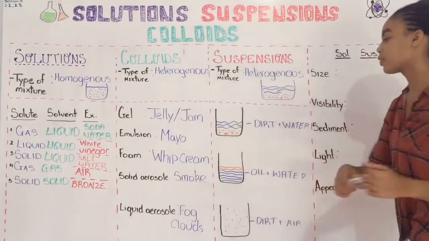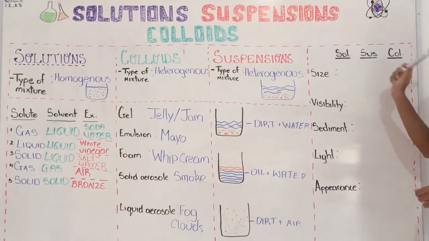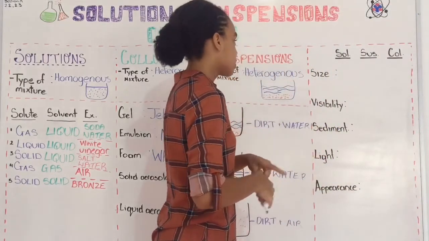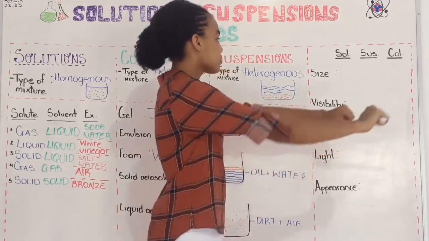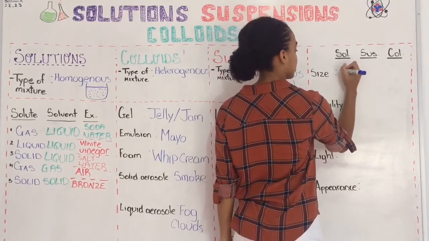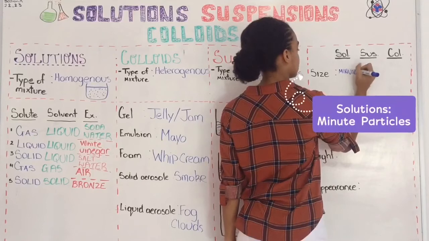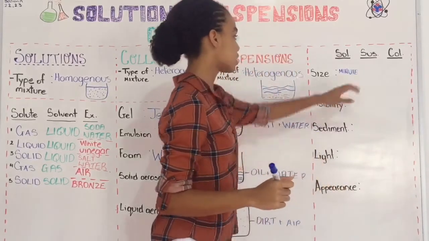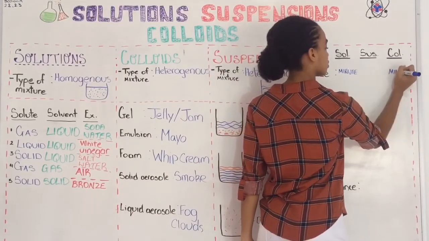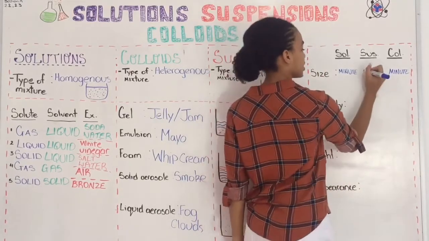Okay, last, we're going to be comparing the different properties of solutions, colloids, and suspensions. So we spoke about this earlier, and we said that the size of particles in solutions is very, very tiny, very minute, smaller than the particles in colloids, which are also minute, and the particles in suspensions are relatively large.